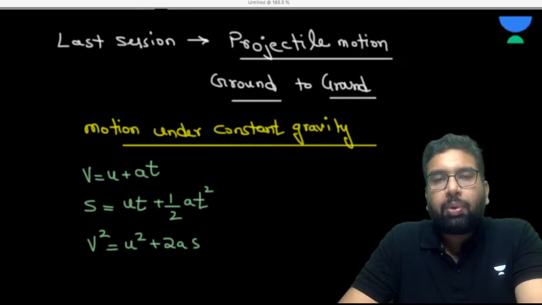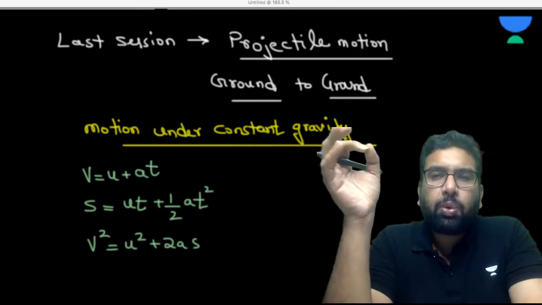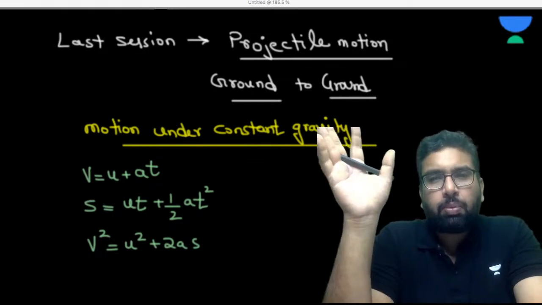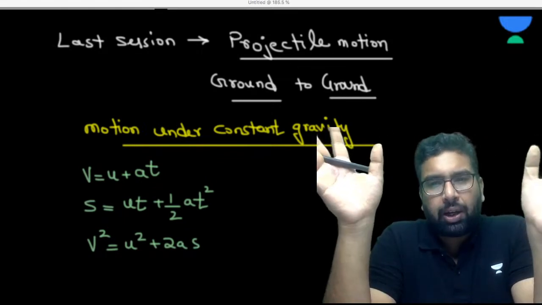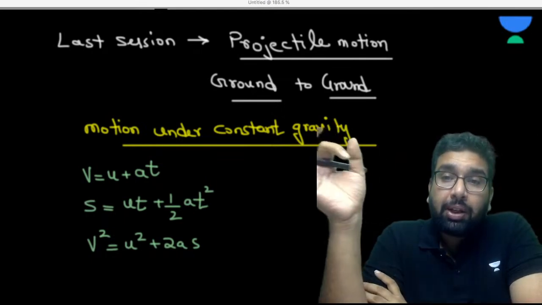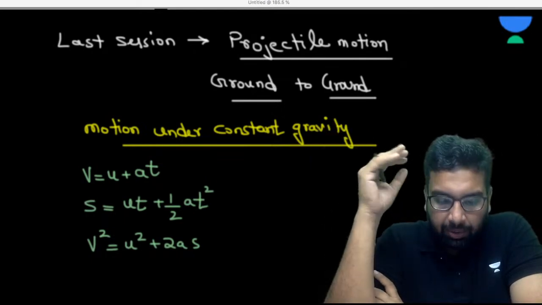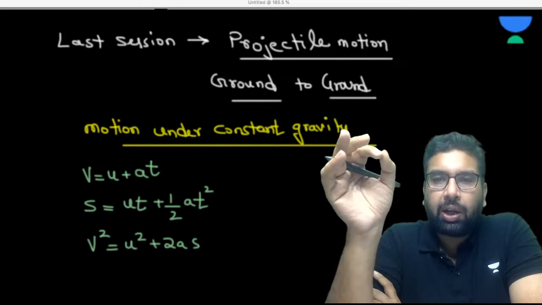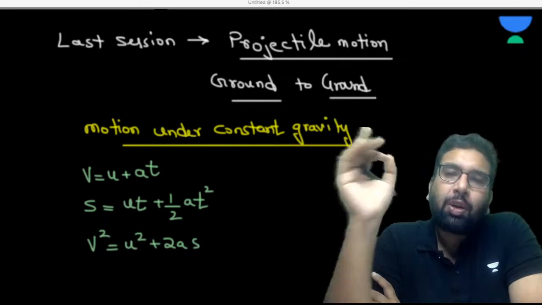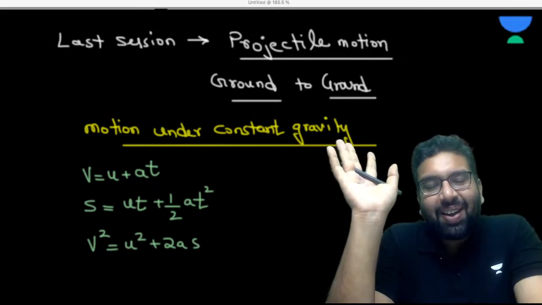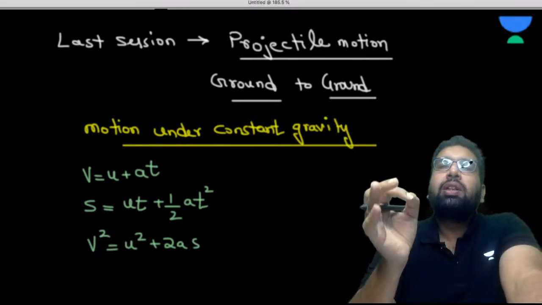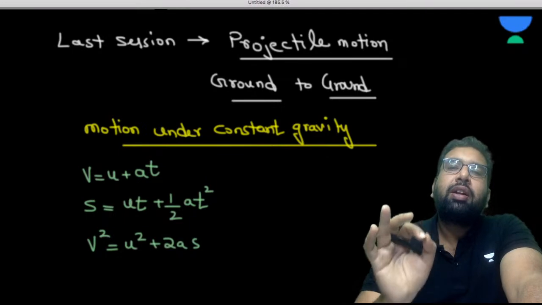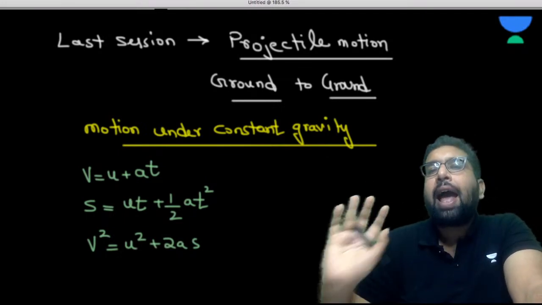When we talk about projectile motion, even if you don't know a thing about it, you need not remember any formula. If you do remember the formulas, that is good because you will save some time. But even if you don't know a single formula of projectile motion, that is also fine. Are you getting my point? Projectile motion is nothing but the use of these equations under constant gravitational acceleration.